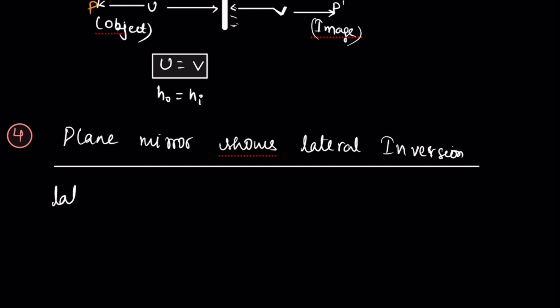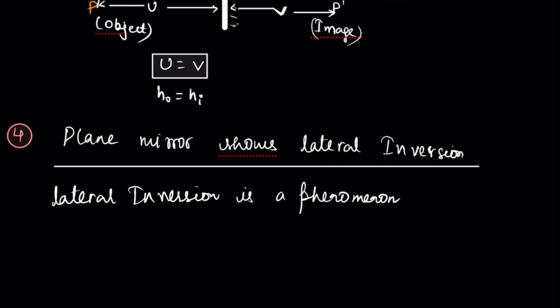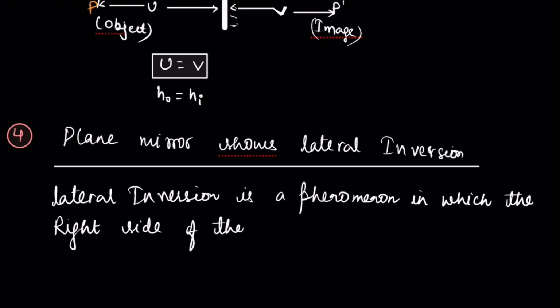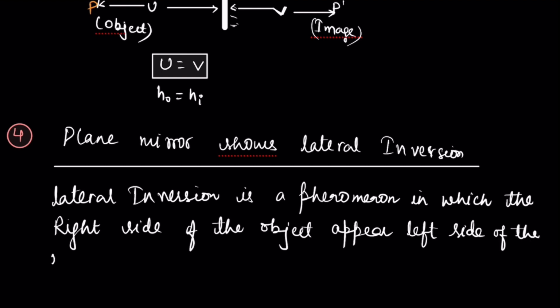Lateral inversion is a phenomenon in which the right side of the object appears as the left side of the image, and vice versa.